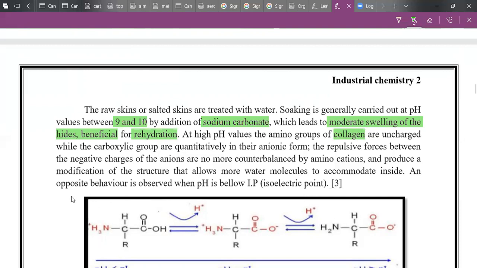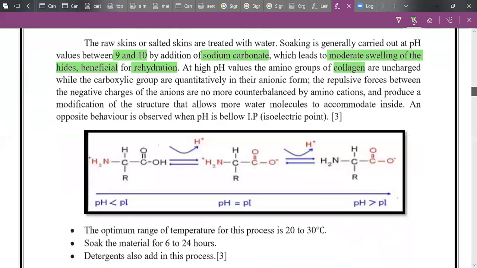The opposite behavior is obtained when pH is below IP. IP means isoelectric point. The isoelectric point is a point at which the solution contains an equal number of positive ions and negative ions.